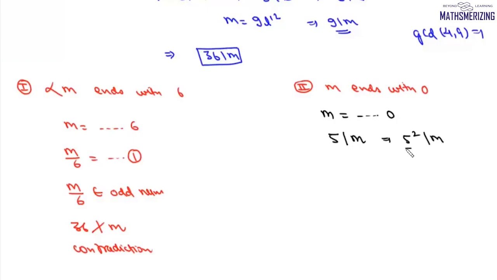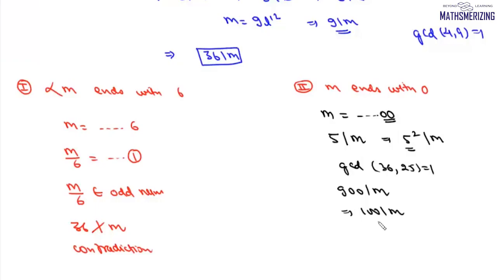Now m is divisible by 25 and m is divisible by 36, and GCD of 36 and 25 is 1. So from here we can say 900 divides m, or m is divisible by 100. So if m ends with 0, then it has to be 2 zeros.